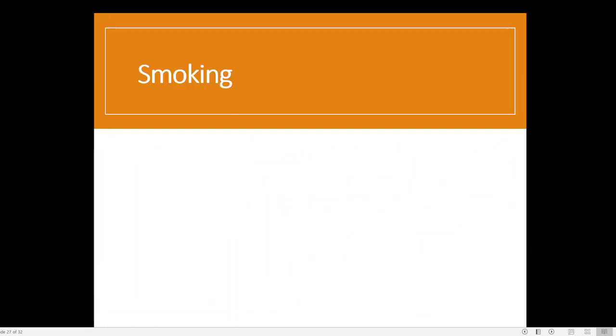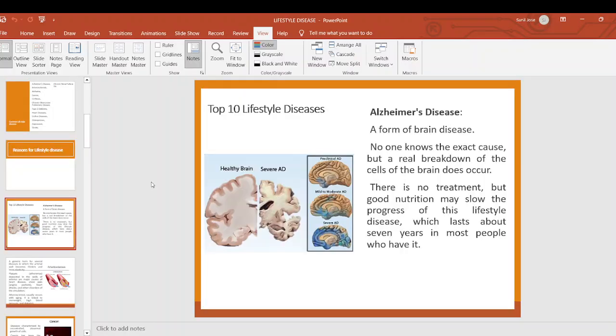And what happens then is that the brain will not be able to carry out most of the normal functions. That is what is happening in the case of Alzheimer's disease. It usually occurs during older age, and there is no specific treatment for Alzheimer's disease.